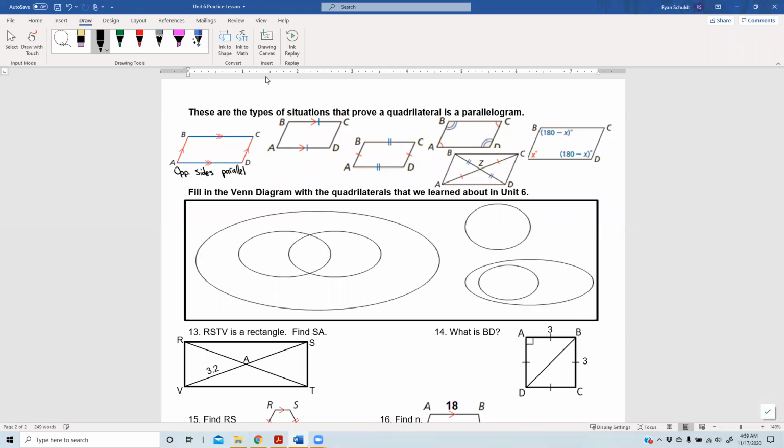Then we have one set of opposite sides parallel and congruent. Next one, we have opposite sides congruent.